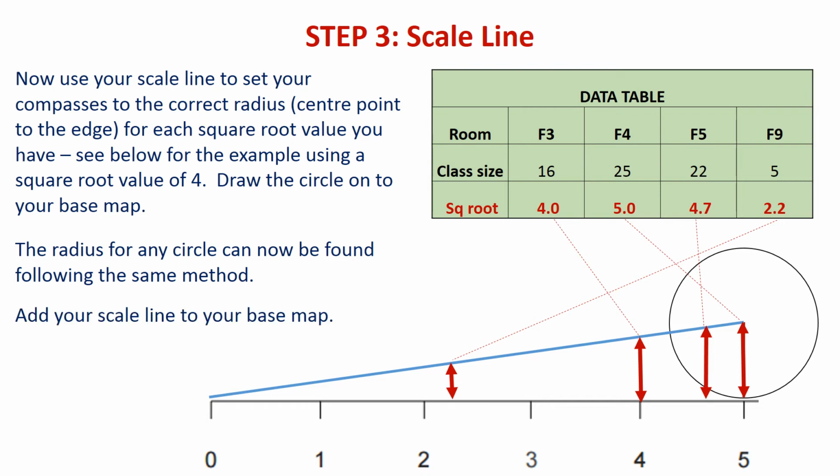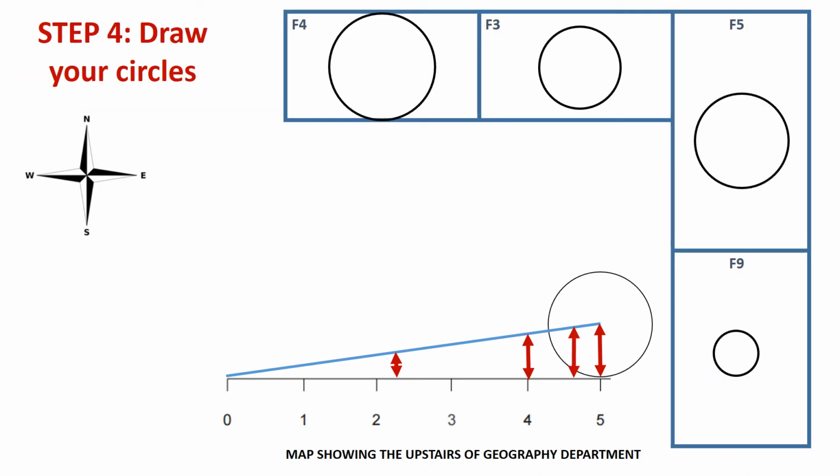So having done that, we must remember to add our scale line to the base map. It really does help with the interpretation of data if we do that, and it'll aid your final scale, which we'll come to in a moment. So here is my completed map.